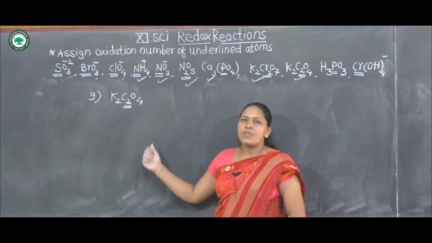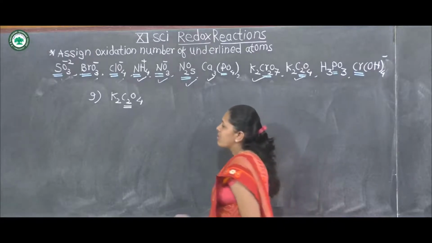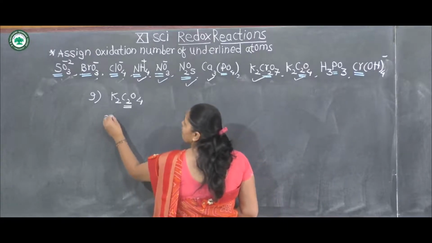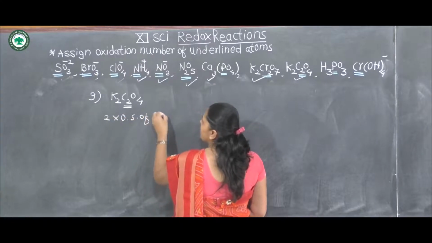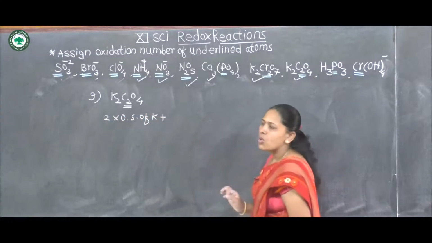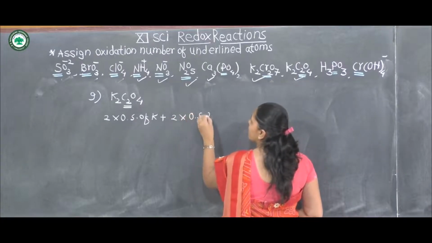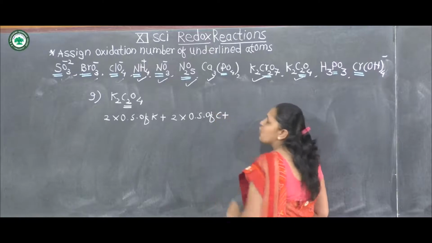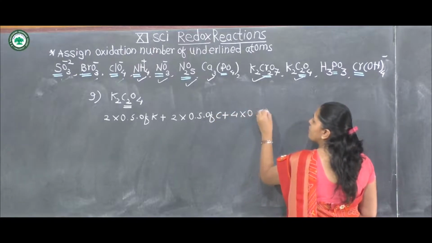We know that potassium is an alkali metal, it shows +1 oxidation state in all its compounds. Therefore, 2 multiplied by the oxidation state of potassium, plus, here also 2 carbons, therefore 2 multiplied by the oxidation state of carbon, plus 4 oxygen, therefore 4 multiplied by the oxidation state of oxygen.